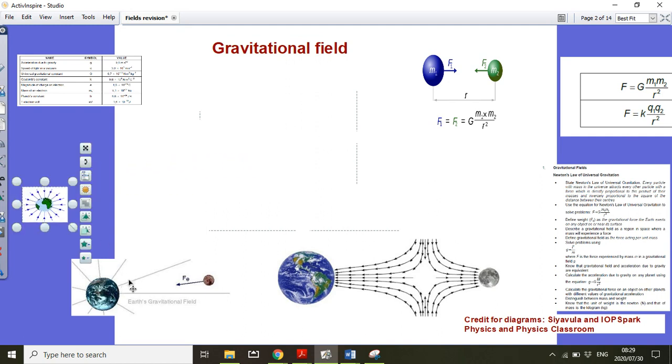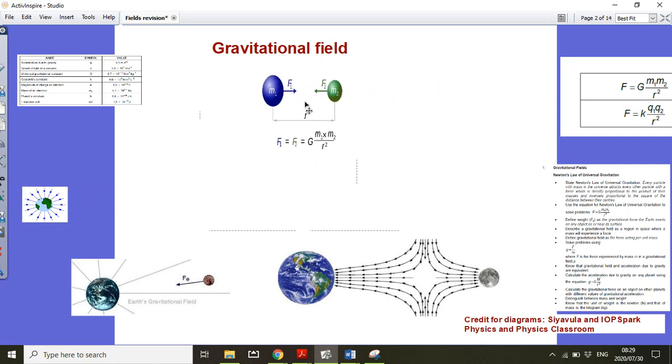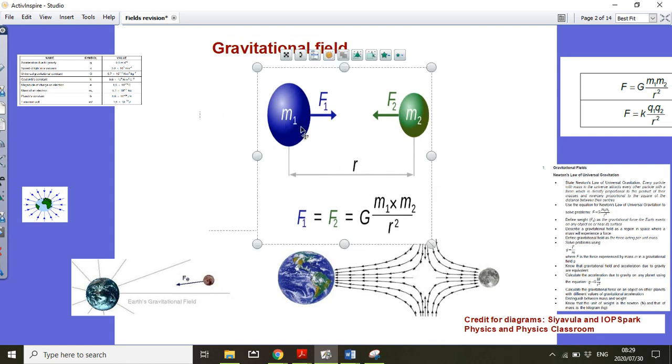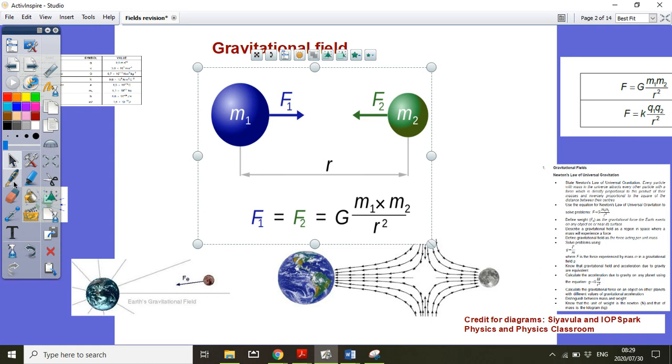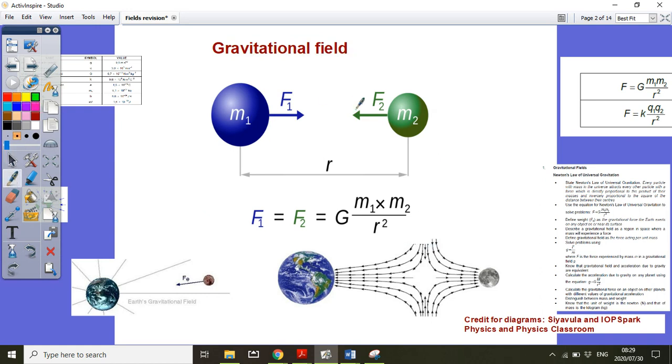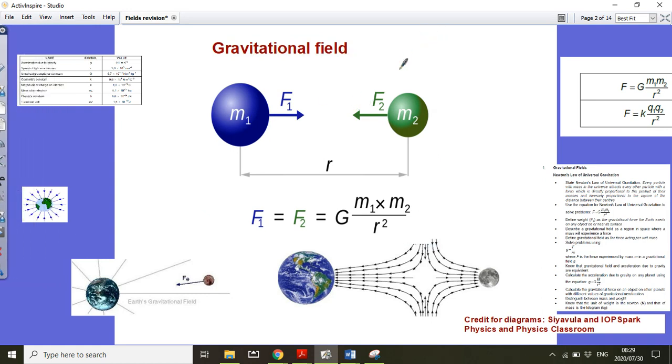Now, we also have to look at the masses involved here. If one object is the Earth, which it often is, or another planet, remember, we're now generalizing, we are not only looking at the Earth. This F is the force of gravitation. It is the gravitational force. And you will remember Fg is also the weight.